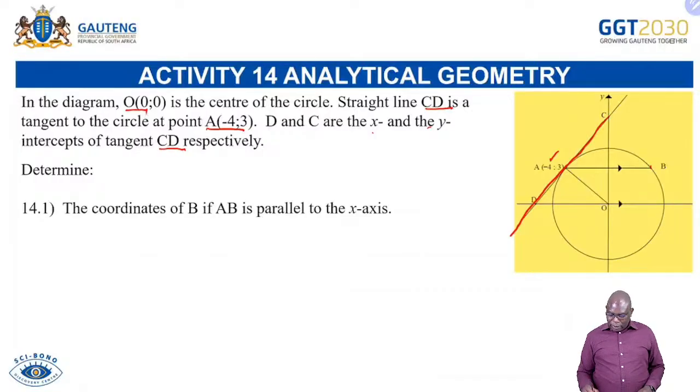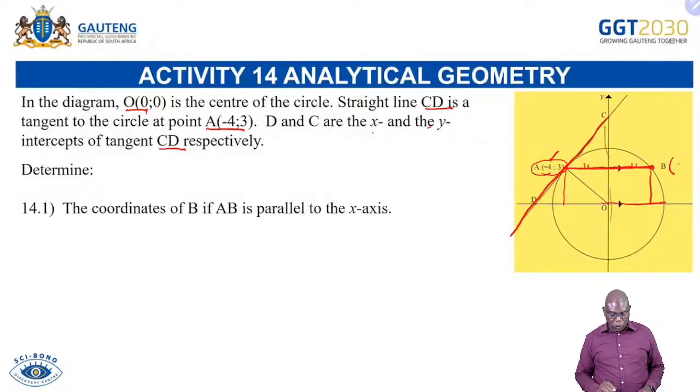Coordinates of B, see this line here is parallel to that. So that line there being parallel to that, and on the circle for that matter, the coordinates of B will be these two coordinates, as this will be the symmetry, because the distance there and the distance there will be the same.